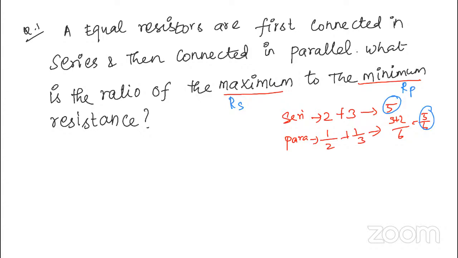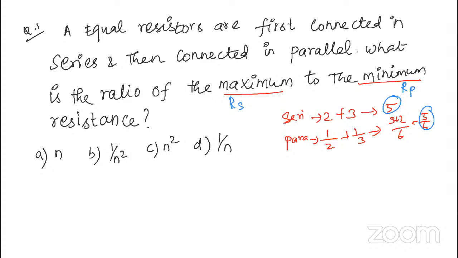They are giving the options: option A is N, option B is 1 by N square, option C is N square, and option D is 1 by N. Okay. So to solve the equation we are using the RS value, which we know, and the RP value, which we know.